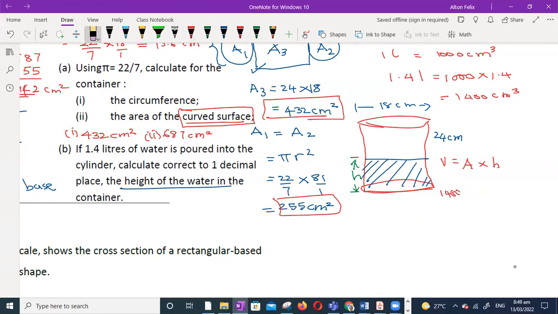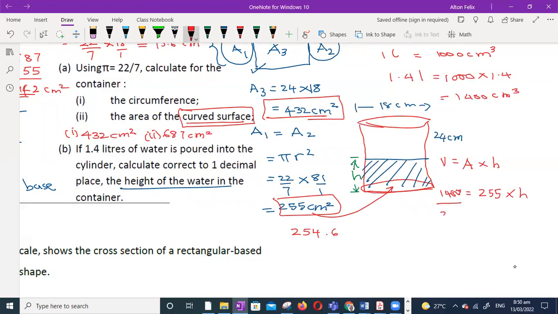We have the volume, which is 1,400. And we did calculate the base area just now. Here it is. Remember the base area was 255. All right, so if you want to be more exact, the answer is really 254.57. But let's go with the 255. So the base area is 255, and we need to find the height.